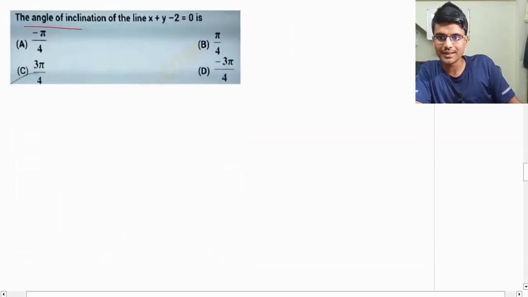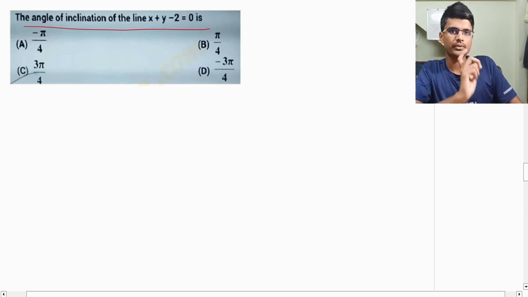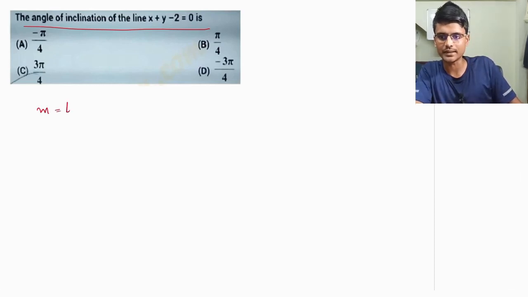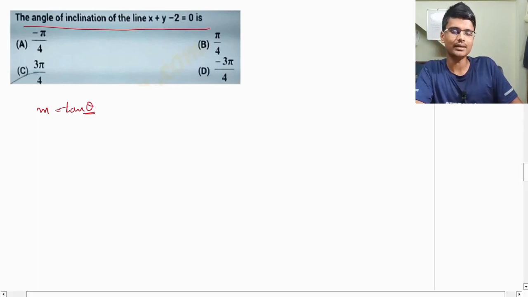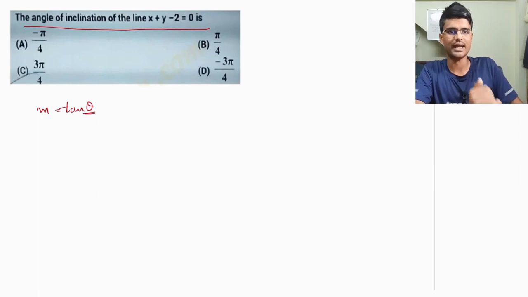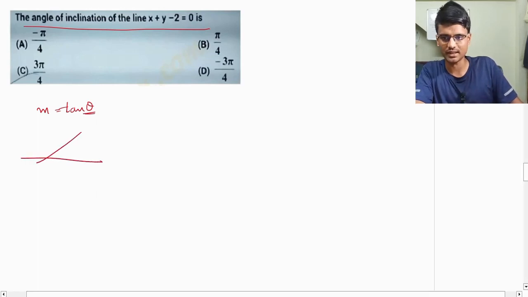The angle of inclination of the line. Okay, so you remember what is the slope? Slope is nothing but tan theta, right? And theta is the angle that the line makes with the positive direction of x-axis in anti-clockwise direction. So this is our theta, right?